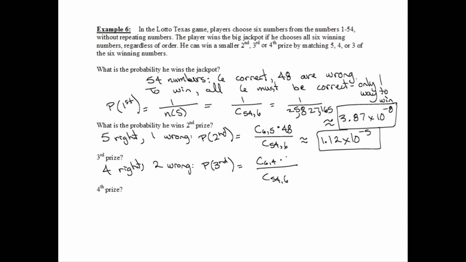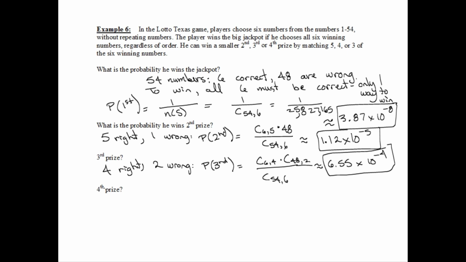How many ways are there to choose 2 wrong numbers? Well, there are 48 wrong numbers to choose from. I'm going to choose 2. So we get combination 48, 2. So we end up with about 6.55 times 10 to the negative 4. Notice our probability is increasing each time. You can tell by looking at the scientific notation.